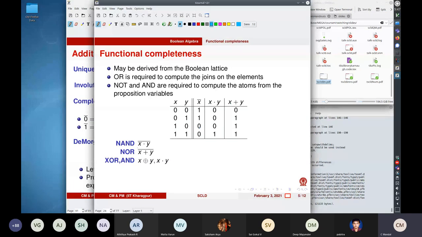Similarly, NOR along with 0, you can express all of these operations. Using XOR and AND, you can express all these operations.